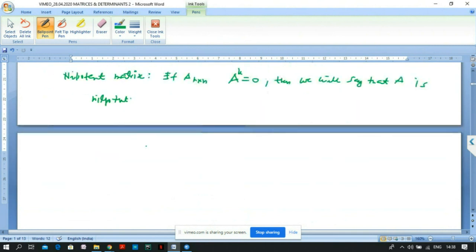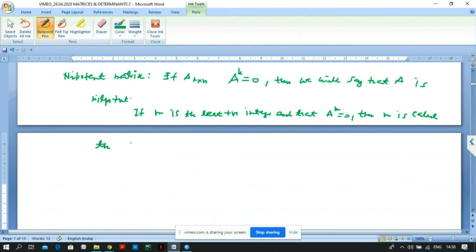And we can also define one more term: if m is the least positive integer such that A to the power m is 0, then m is called the index of the nilpotent matrix A. That's just for definition.